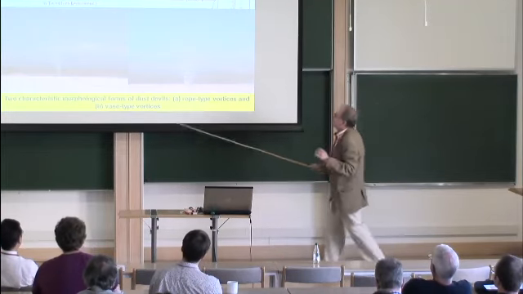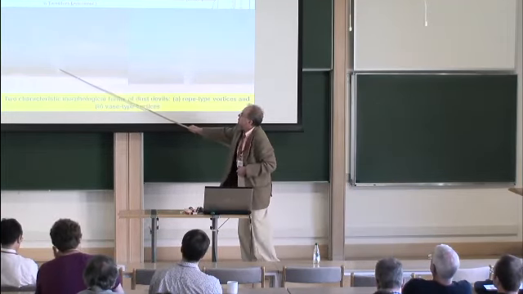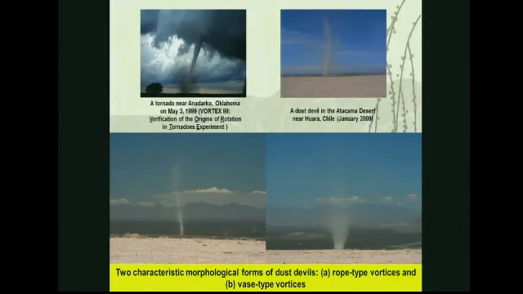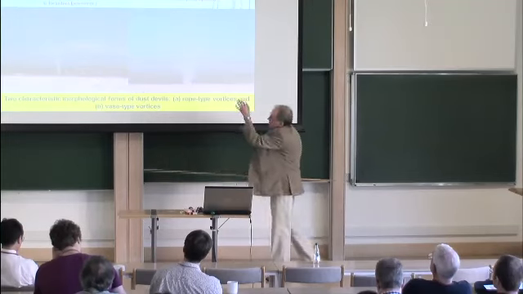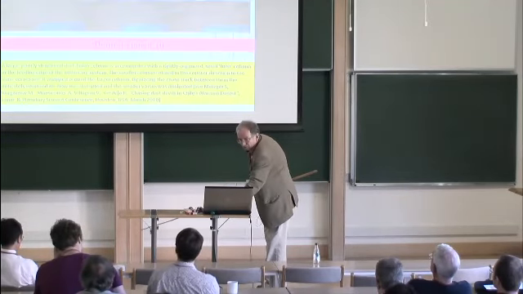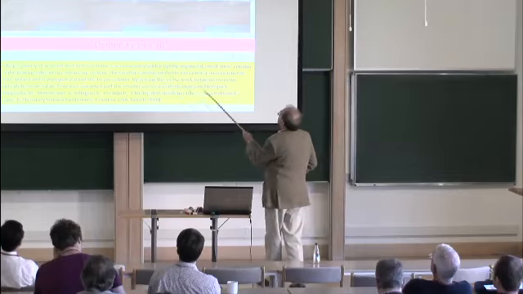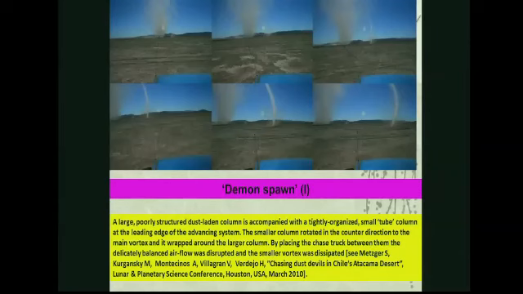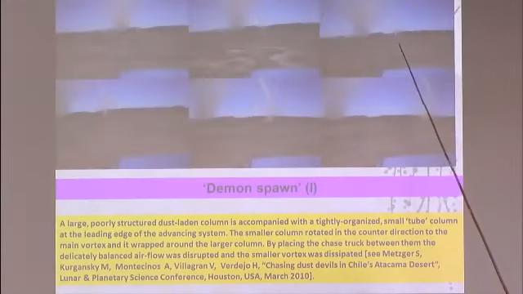So I will speak on the vortex which is believed to have a uniform updraft within its core and extends to large enough altitudes. It's really interesting. Sometimes in nature you can find vase-type vortices, accompanied by a very tight rope-type vortex.